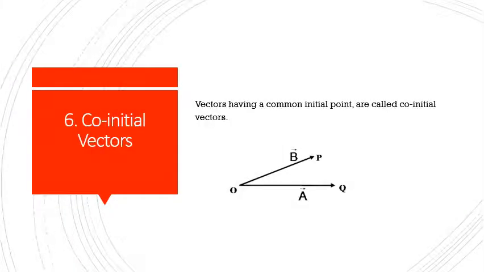Sixth type is co-initial vectors. Vectors having a common initial point are called co-initial vectors. Look at the diagram, students. Vector A and vector B have a common initial point O. This kind of vectors are called co-initial vectors.